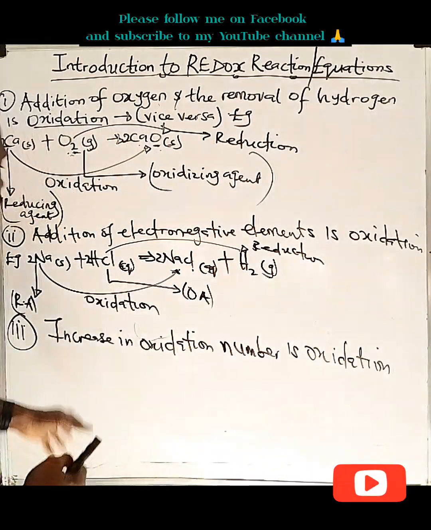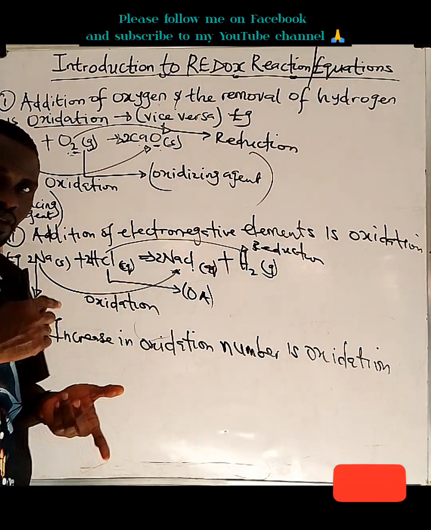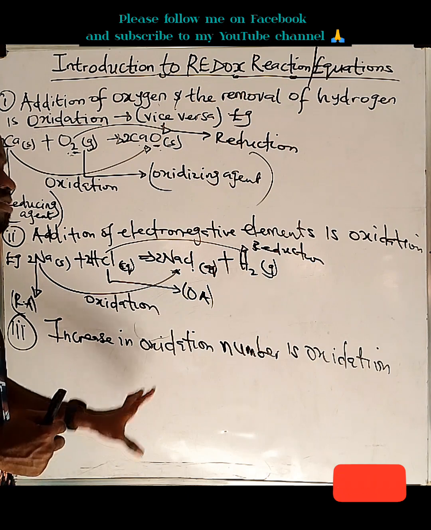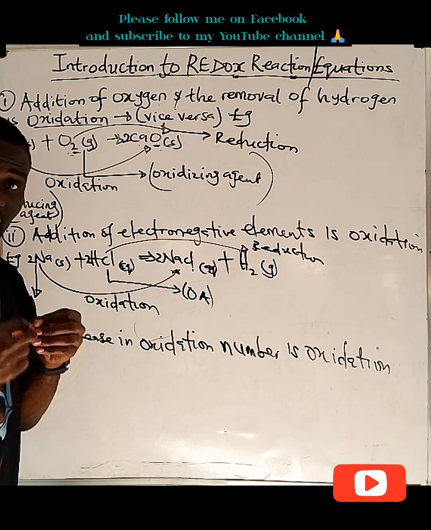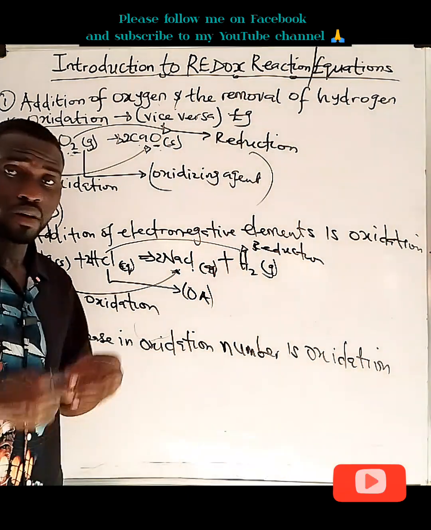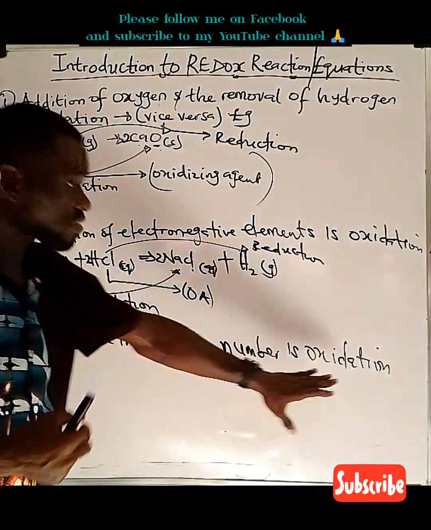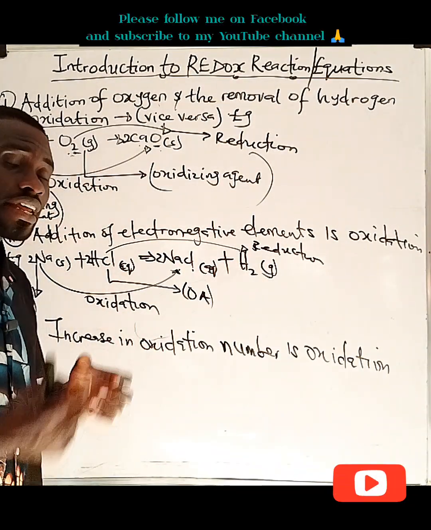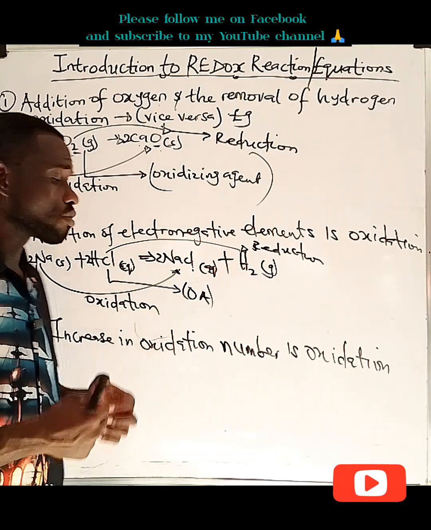As simple as that. So if you flip it, if you experience the opposite, then you're going to get a reduction. So if there's an increment in the oxidation number of a given reactant atom of an element, we call it oxidation, while if there's a reduction in the oxidation number of any given reactant element, we call it reduction.